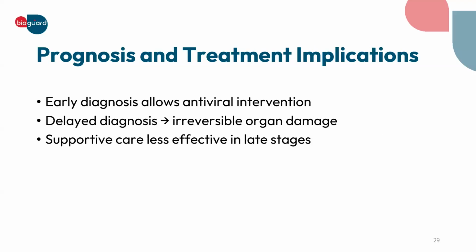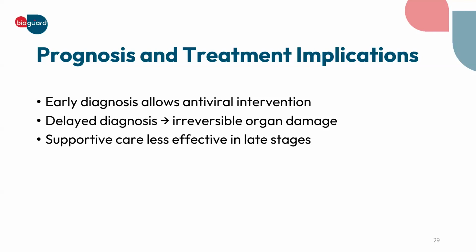So prognosis and treatment implications, of course, have to be there in the early diagnostics. Along with the antivirals that are given to the cat, it will stop the multiplication of the virus in the body. So this will give more chance for a cat to live longer with FIP.